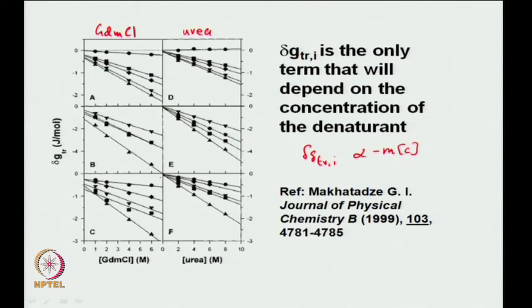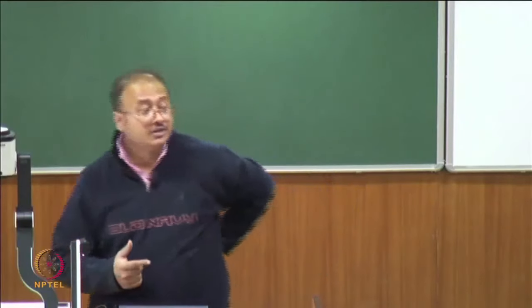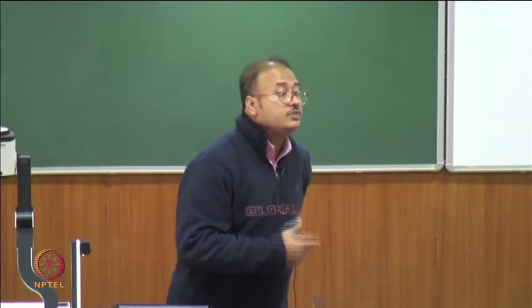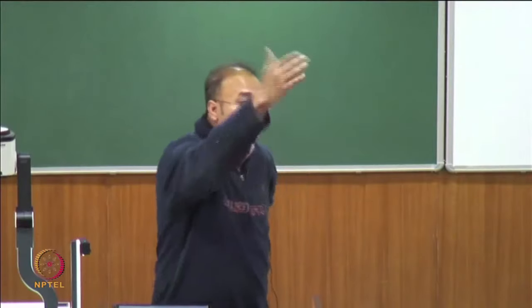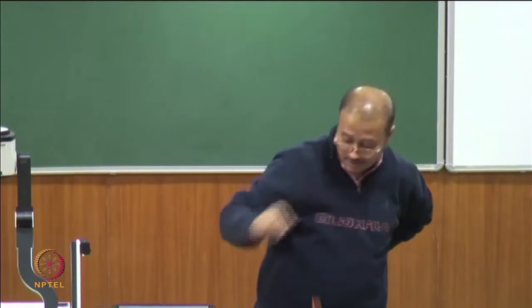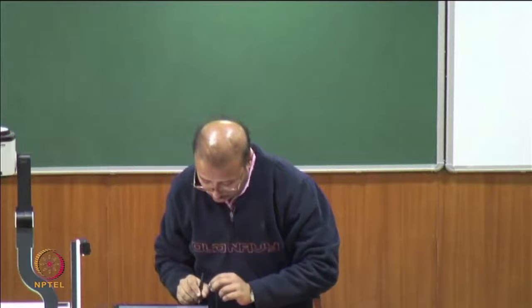But is it the same for guanidine hydrochloride? It is not the same for guanidine hydrochloride, right? What is it? You always get something which is below that, right? What does it mean? You are actually overestimating it by a certain amount. Remember, you are always below 0, right? Okay. So, let me just go forward.